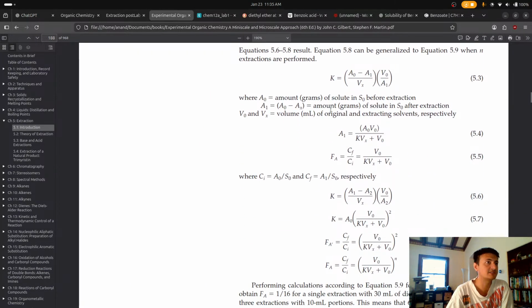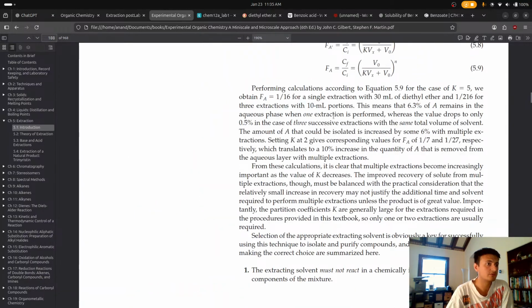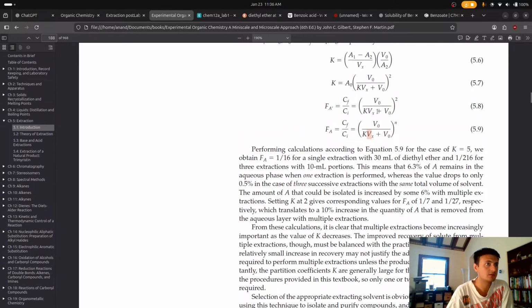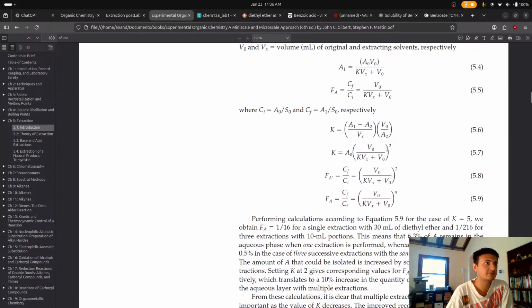So I understand this. I think it might be the same formula.